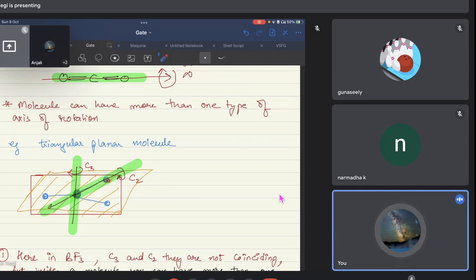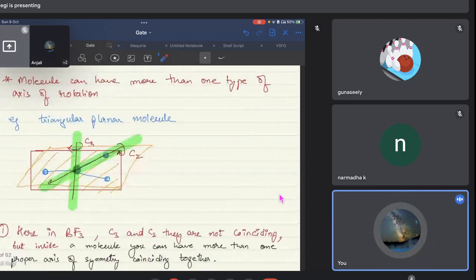If I am counting the principal axis of rotation, it will be C3, as it has the higher value of n. Here in BF3, C3 and C2 are not coinciding, but inside a molecule you can have more than one proper axis of symmetry coinciding together.